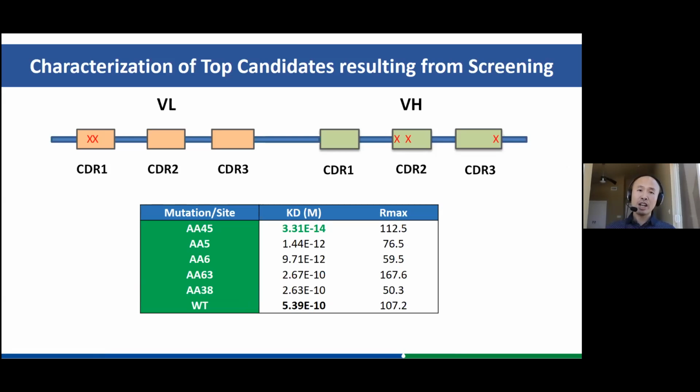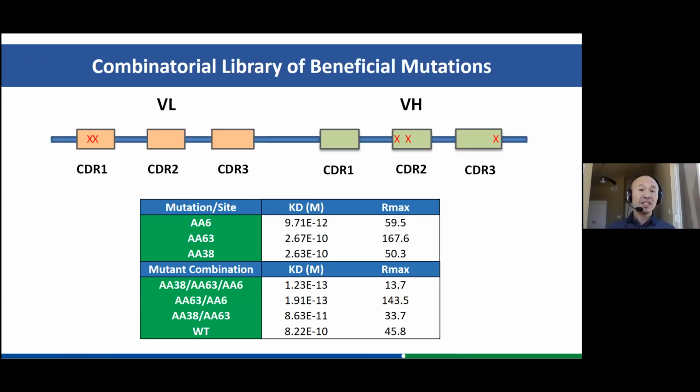So we helped them generate a combinatorial mutagenesis library combining all of these beneficial mutations. And then the customer screened them again. From the second library, they were able to identify 3 combination sequences that show further improved affinities compared to the affinities of their individual parent sequences.